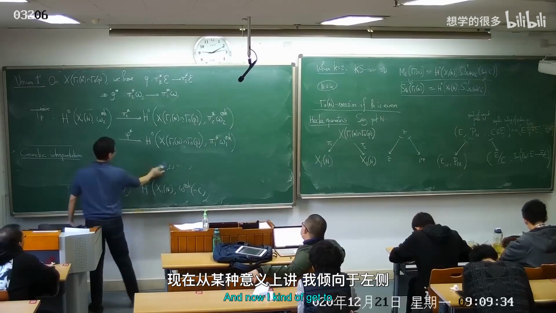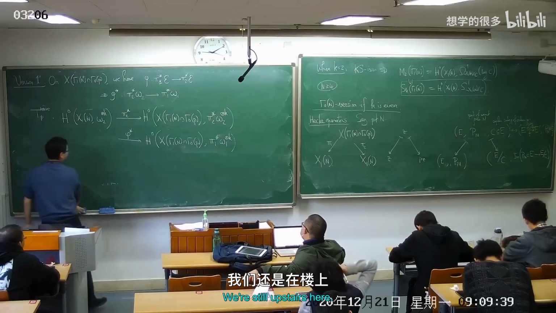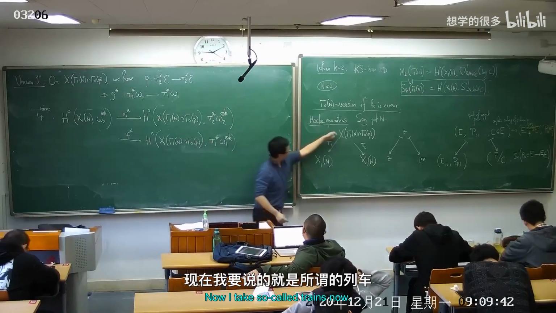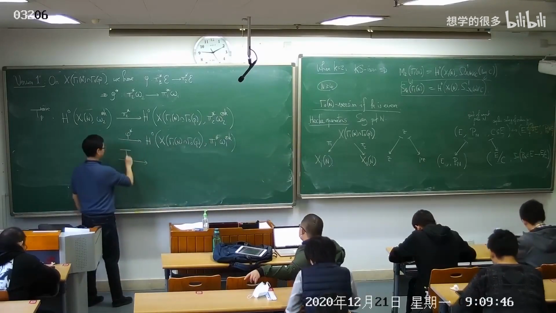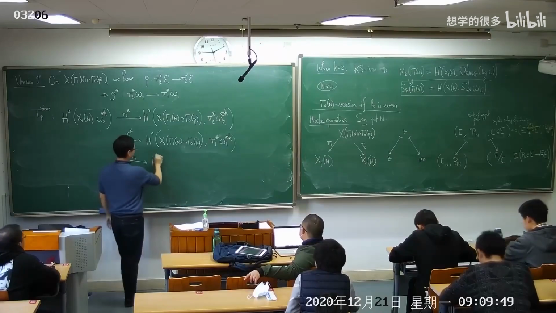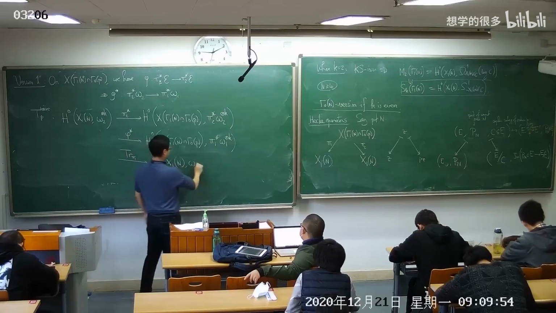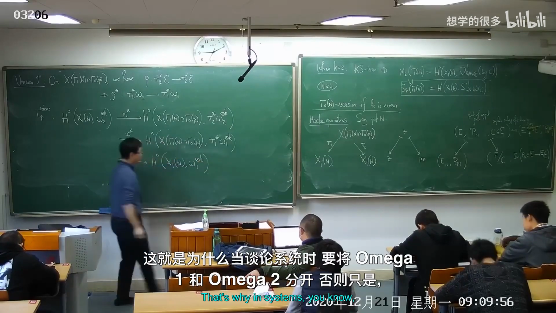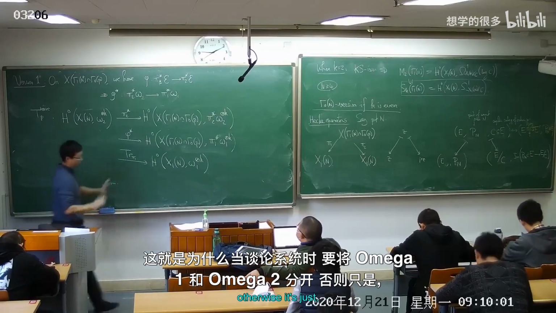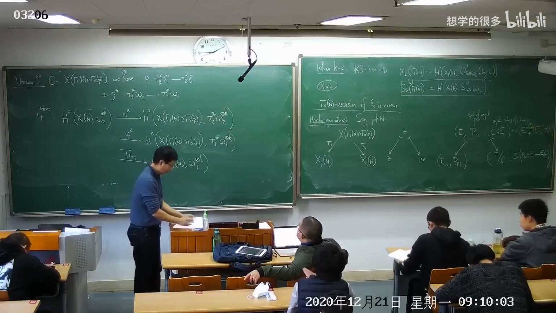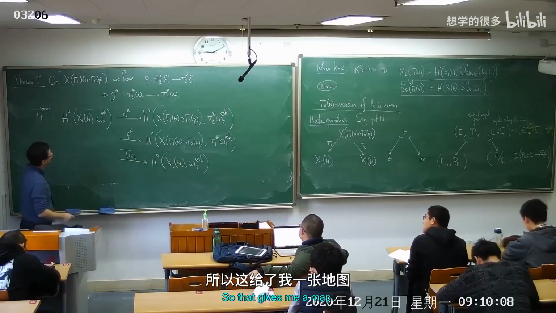And now I kind of get to the left-hand side, in some sense. We're still upstairs here. Now I take the so-called trace. So that's why I insist on separating omega 1 and omega 2. Otherwise, we just don't know where things come from. Okay, so that gives me a map.